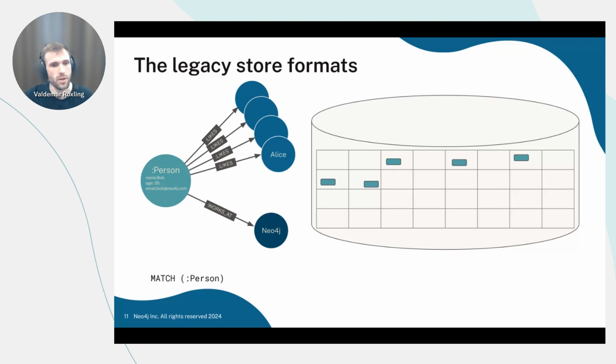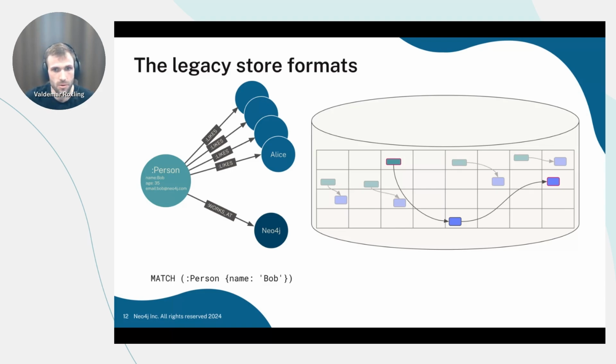If we're interested in something slightly more specific, namely a specific person node that has a property name Bob, we'll have to go into the property store for each node and read the properties in order to find this one, and then do a filtering on them to return the results.